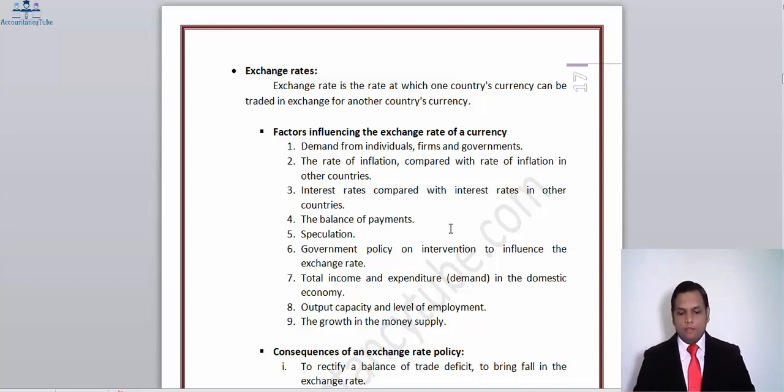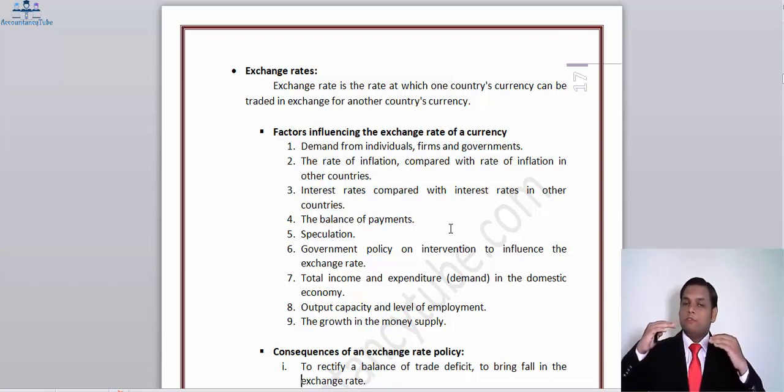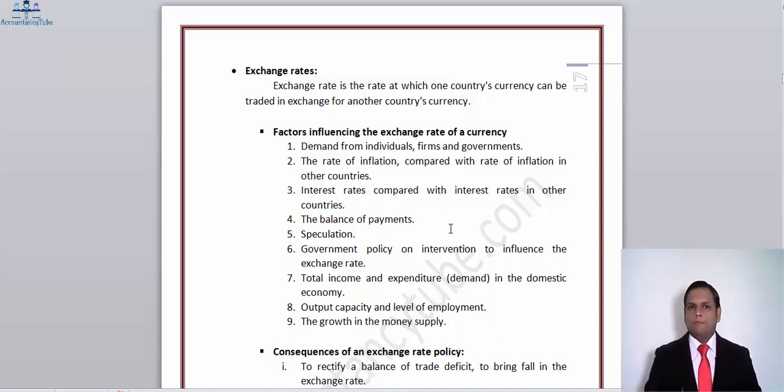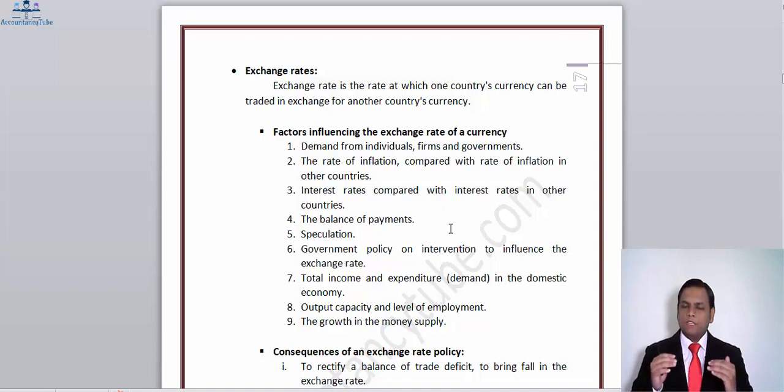Then we have the interest rate compared with the interest rates in other countries. As I just told you, each country's interest rates need to be kept high year by year. A small proportion, not a significant hike, but a few basis points, will result in stability of the currency.